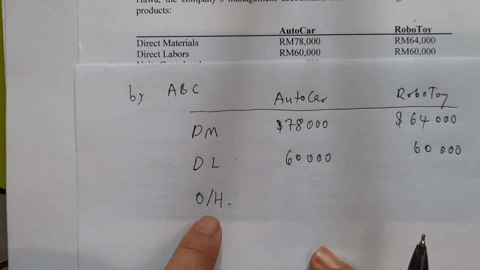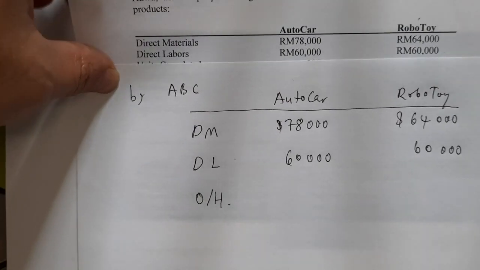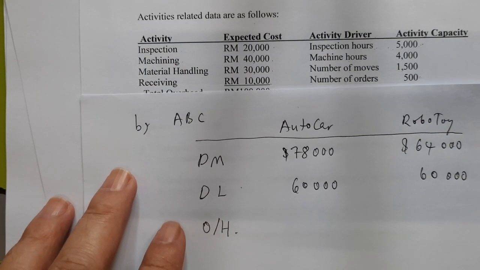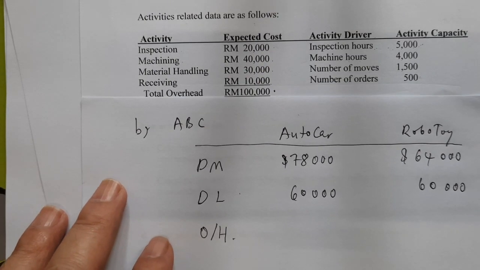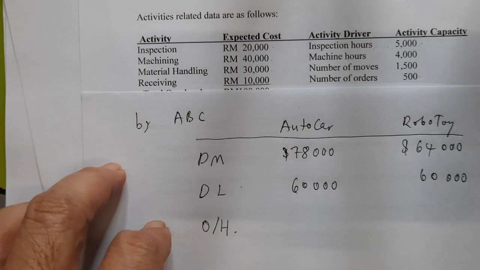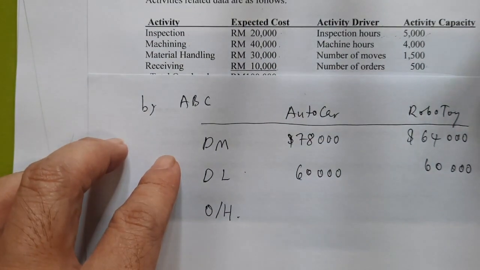So when you want to calculate the overhead, you have to list the activities related to the production. In this business, there are 4 activities in the question. So you have to list the activities here.